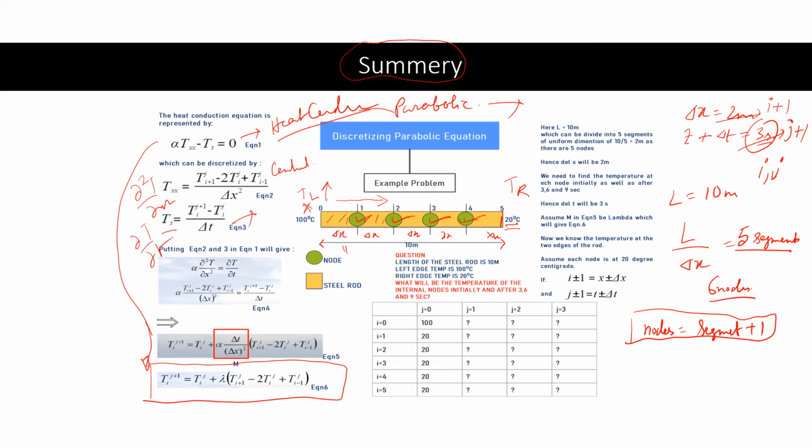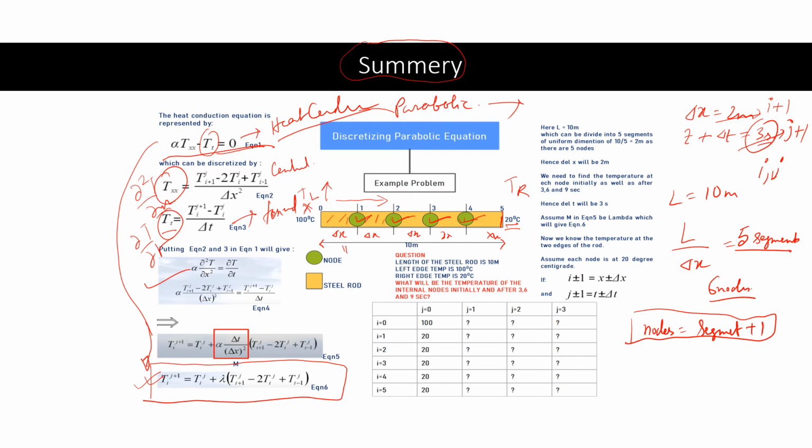Forward difference was used to discretize this term, right? And then we have combined these two discretized terms, T_xx and dT/dt, because this is the equation alpha T_xx minus dT/dt equals 0. And then by rearranging, we have found this one.